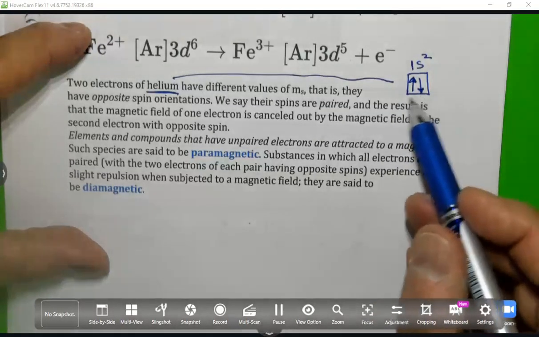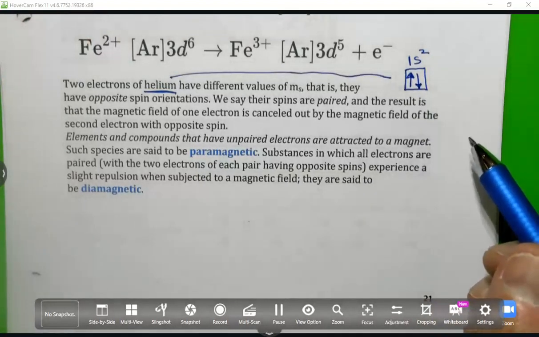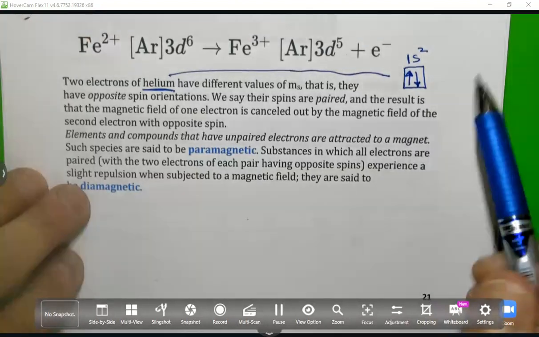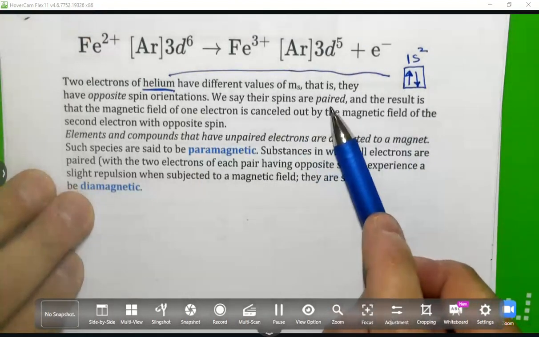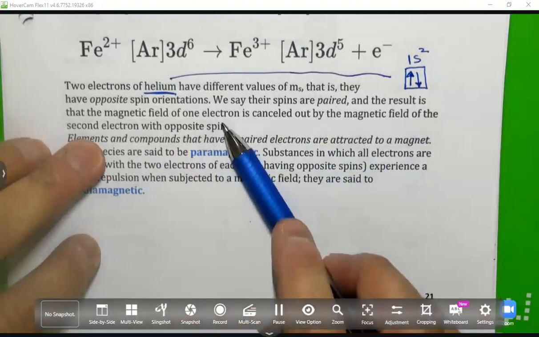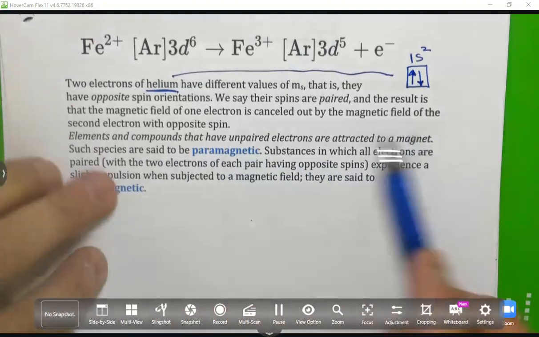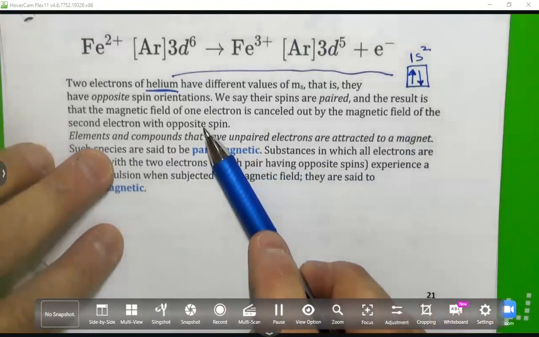These arrows represent the orientation of the magnetic field. We say their spins are paired, and the result is that the magnetic field of one electron is canceled out by the magnetic field of the second electron with opposite spins.